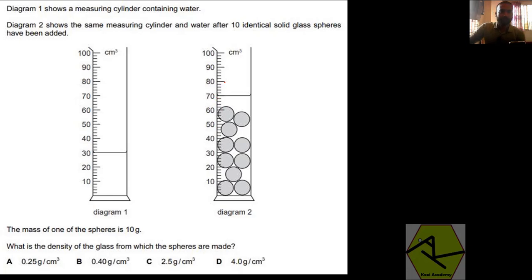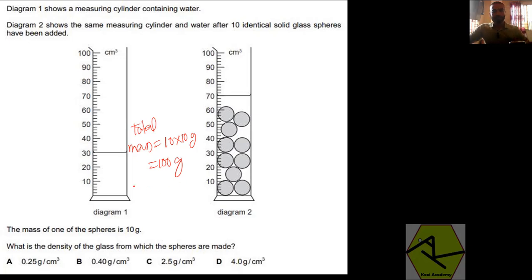The mass of one sphere is 10 grams, so we need the total mass. Total mass is 10 times 10 gram, that means 100 gram. So we found the total mass for these 10 identical spheres.